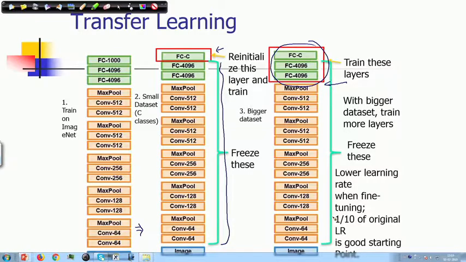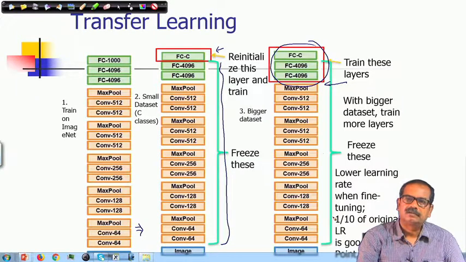You can also fine tune finally: once you get convergence and some weights, you can fine tune again. You train with your input data samples using a lower learning rate, like 1/10 of the original learning rate. That is a good starting point, and then you can vary it.